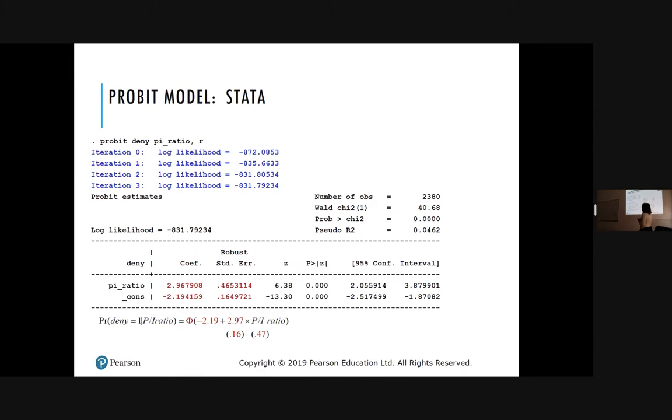So basically, in Stata, what do we do? Instead of using regress and then the dependent variable and the statistically robust standard errors, we use this command, which basically calls the type of non-linear model that we are using. So we write down probit, then the regression, and how we compute the standard errors.